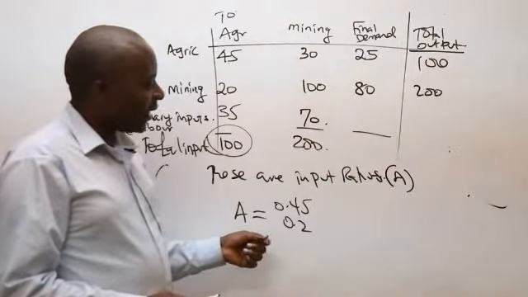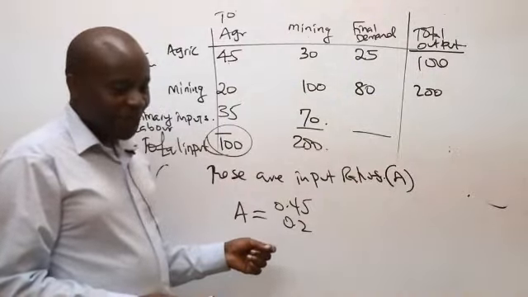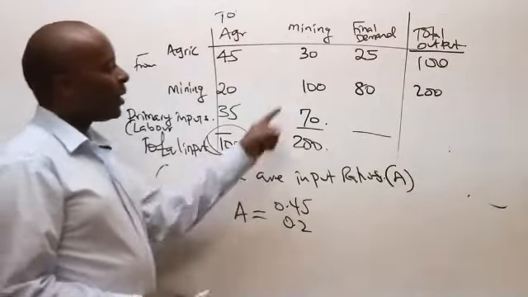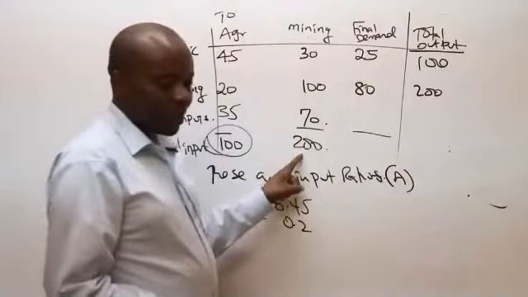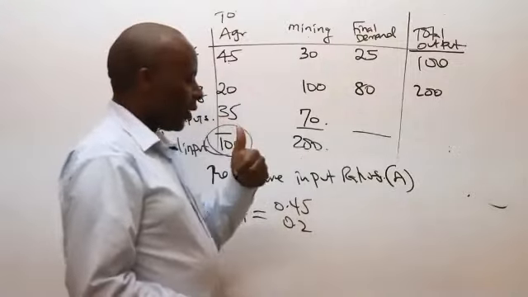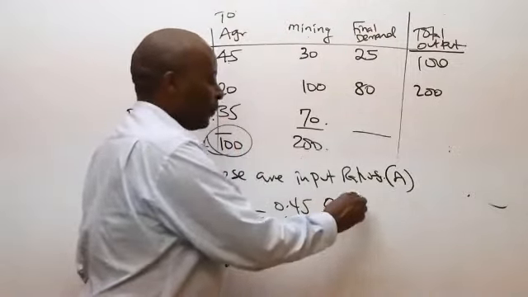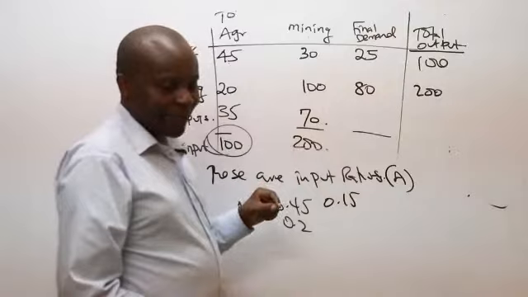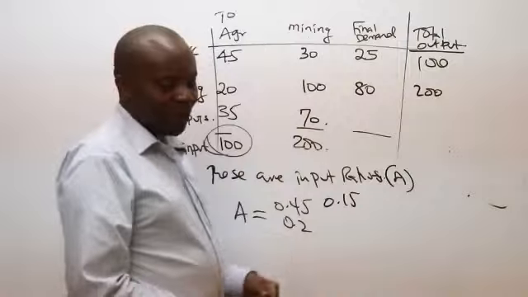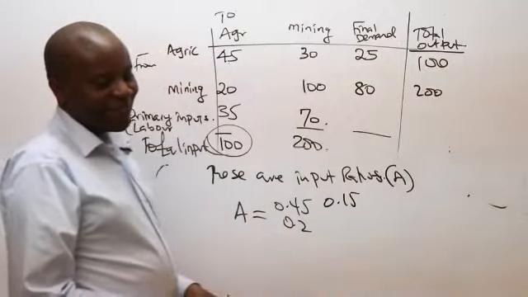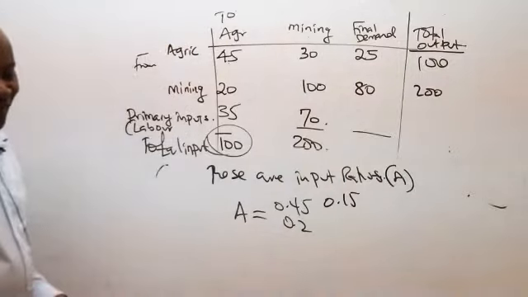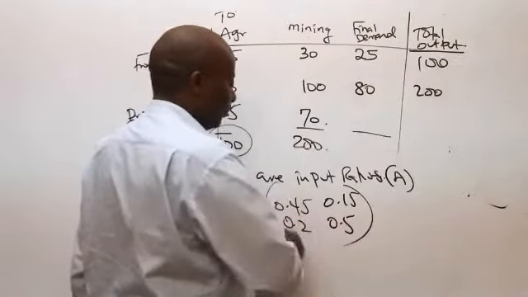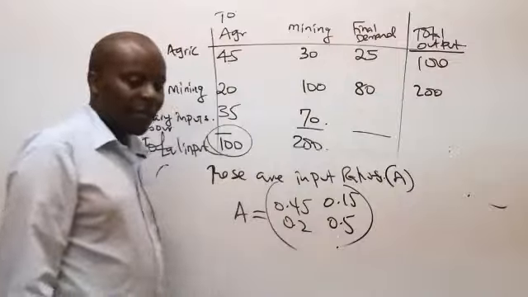It will be 30 over the total input, which is 200, so 0.15. And then we have 100 divided by 200. That is not 0.1. It becomes 0.5.